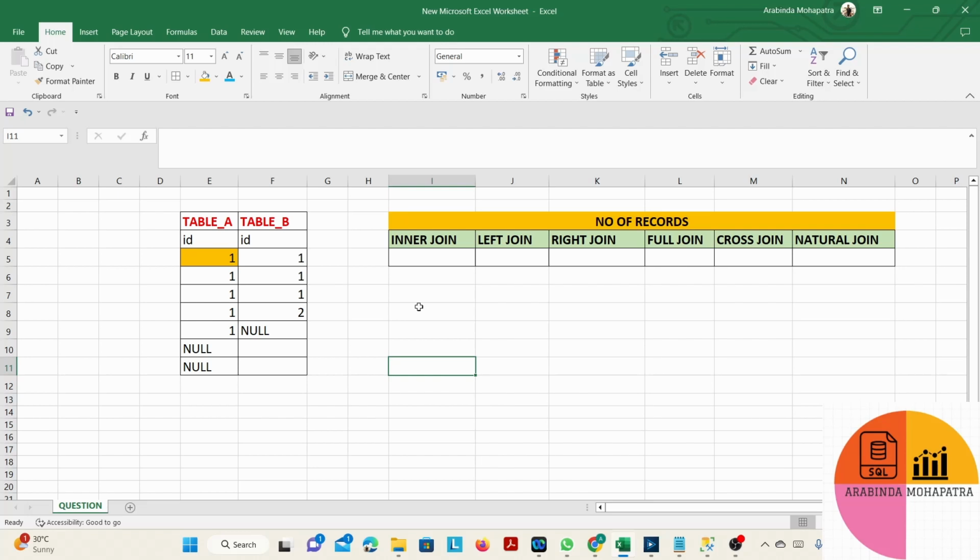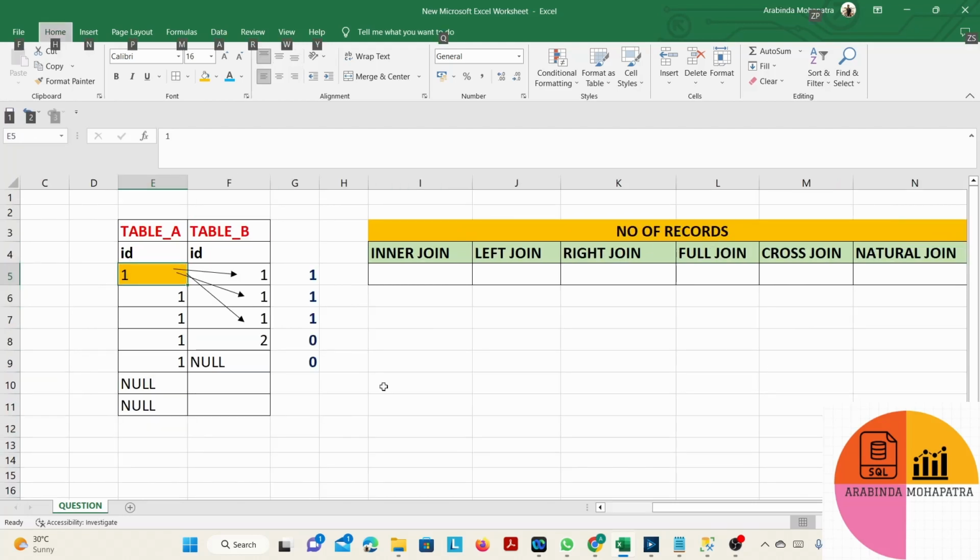Let's understand. Suppose we have two tables, table A and table B. Table A has 7 records, and table B has 5 records. We are doing an inner join between these two tables with the help of the ID column.